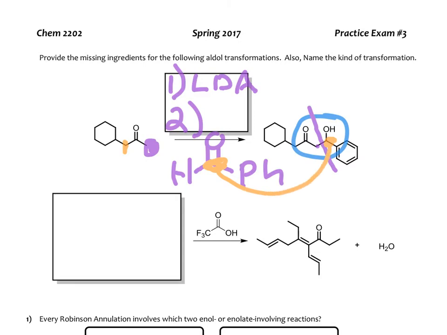All right, so the next reaction is under acidic conditions, which you should be comfortable with aldol reactions happening. Now remember, acidic aldol reactions cannot stop at the beta hydroxy ketone. Instead, it's going to give us an alpha beta unsaturated carbonyl.